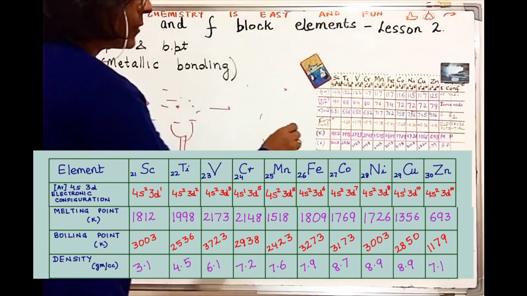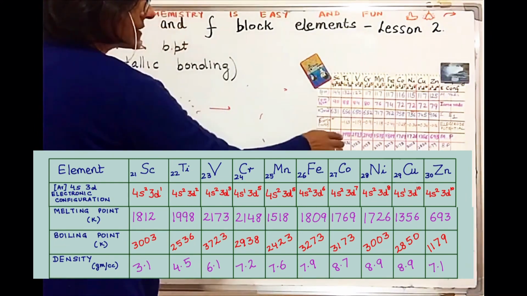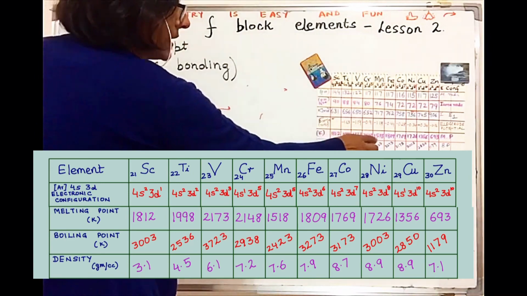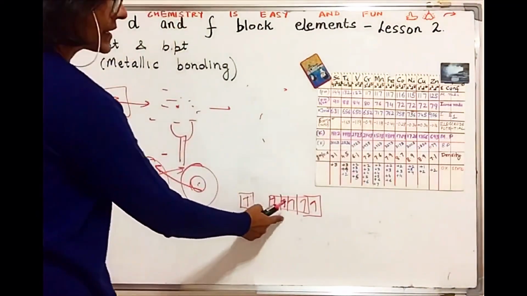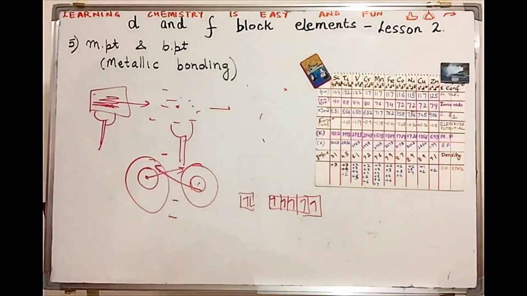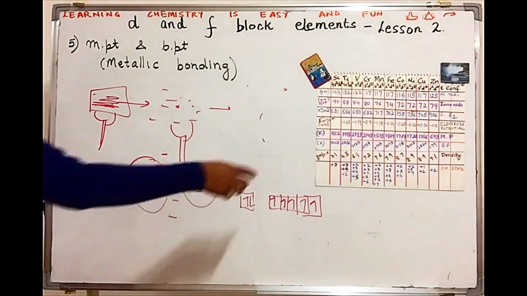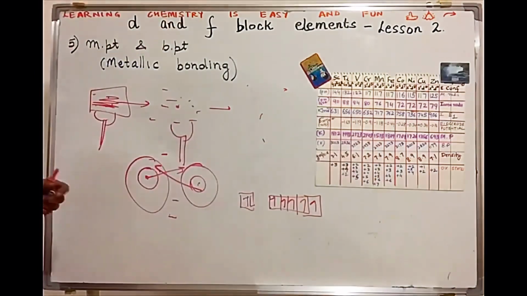Here's an anomalous behavior which is shown by manganese. See, it should be increasing. So manganese actually has 5 unpaired electrons. It's S2 D5. It should have an even higher melting point, but we notice that the melting point of this is actually lower than chromium.